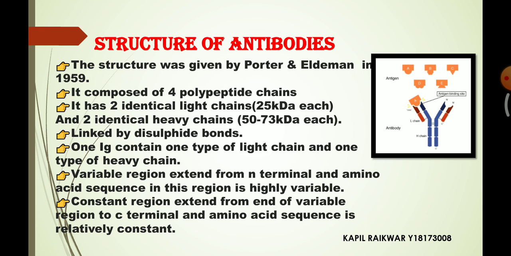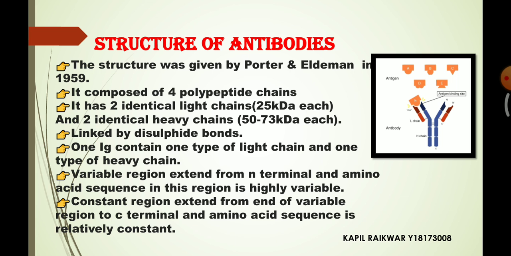The variable region extends from the N-terminal and the amino acid sequence in this region is highly variable, whereas the constant region extends from the end of the variable region to the C-terminal and its amino acid sequence is relatively constant.